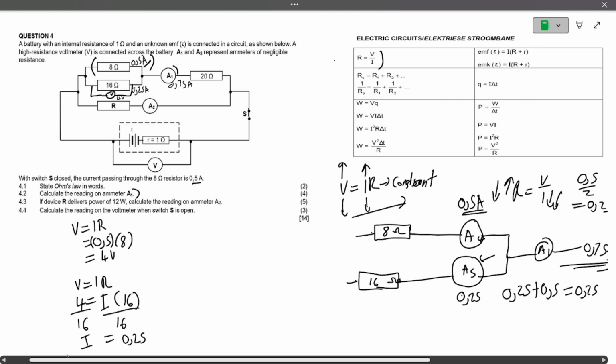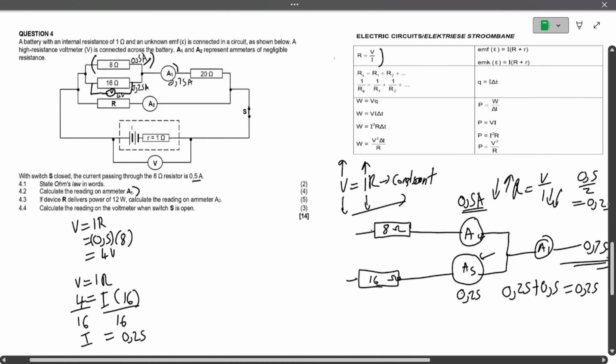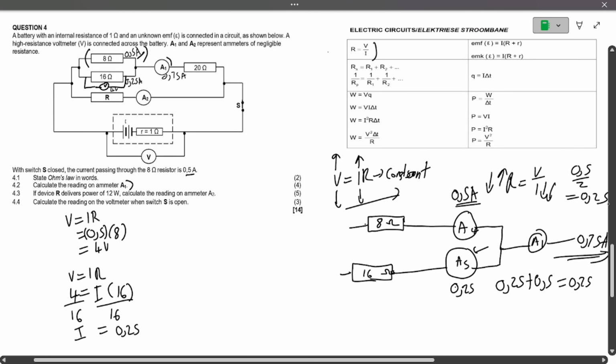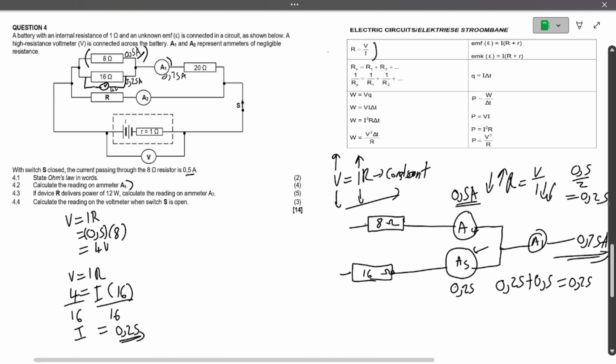It's like the one that we got before. But the method that we used there was the first method, so preferably you must use this one with the formula. And then we write this is 0.25 amperes.